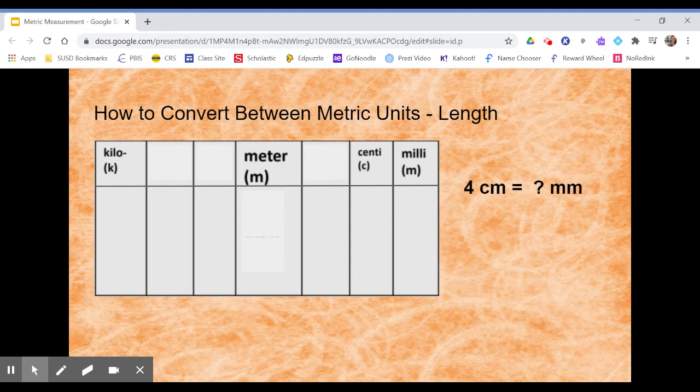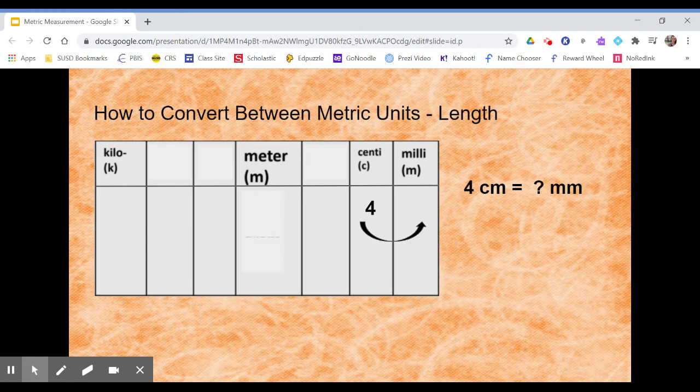For example, let's say a problem is asking us to convert 4 centimeters into millimeters. The first thing we're going to want to do once we have our chart drawn is place the 4 centimeters in obviously the centimeter column under C. So we have our 4 in the C column. From here, we can say how many jumps it takes to get from centi to milli because it wants to convert from centimeters to millimeters.